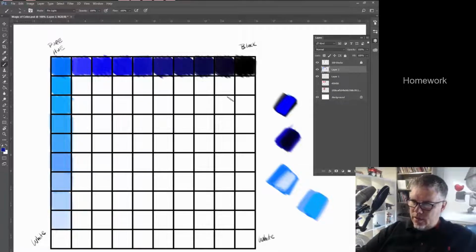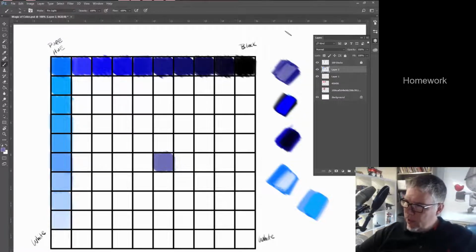Okay, now I'm going to start on this one right here. I'm going to take this color, and now this one gets white mixed in with it, right? So we'll try to make that middle tone, and we'll pop it in there. And then we'll add white to that. Let's just move that off to the side there. So we'll go ahead and put white on that. And then we'll put white on that.